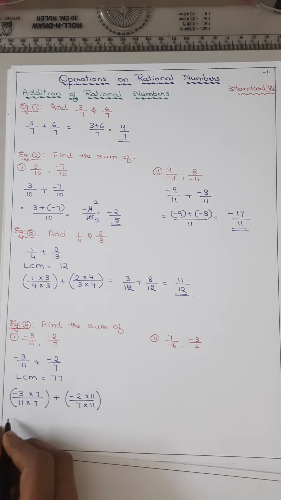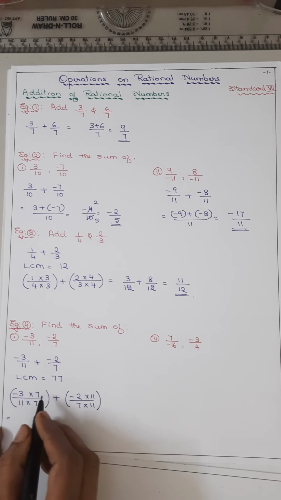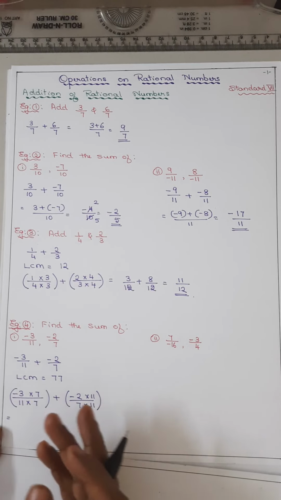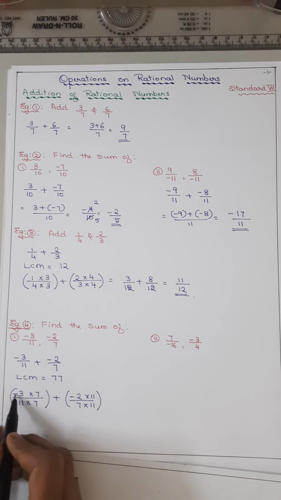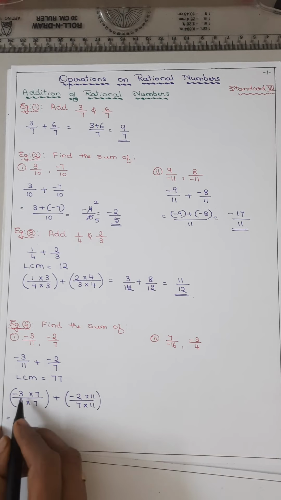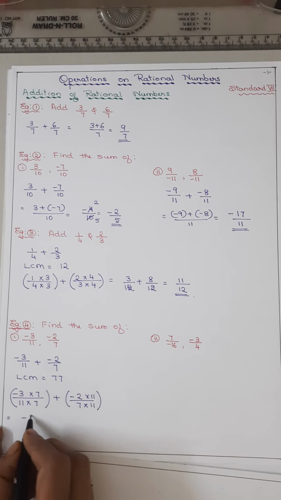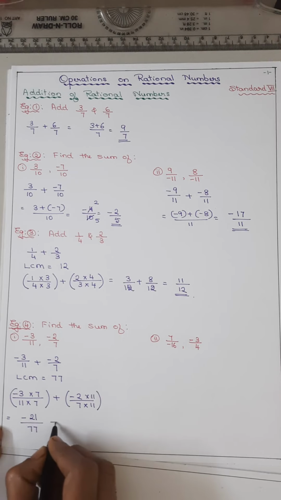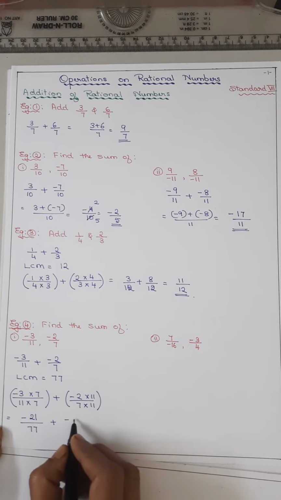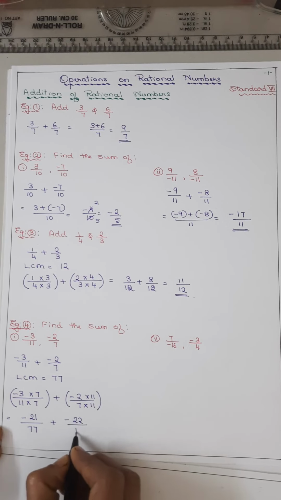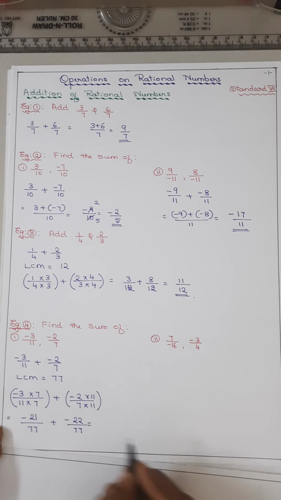So here you got minus 3 into 7. Remember the integers in multiplication, different signs, minus; same signs, plus. So minus 3 sevens are 21 upon 77 plus minus 11 twos are 22 by 77.